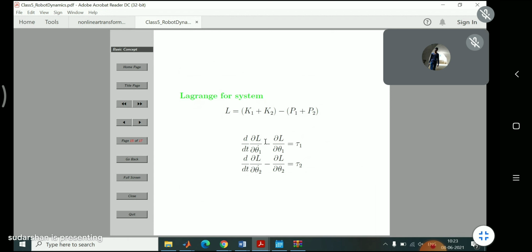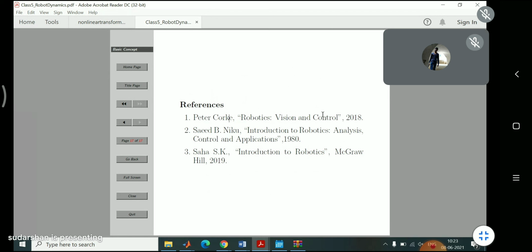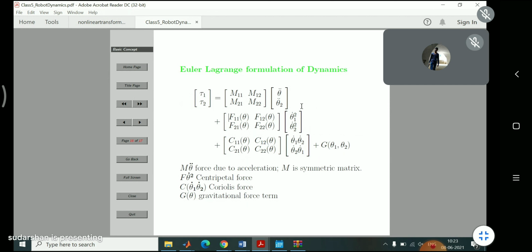You obtain the Lagrangian, take the derivatives, and you write it in this particular format. This discussion, this example is available in many standard robotics textbooks.